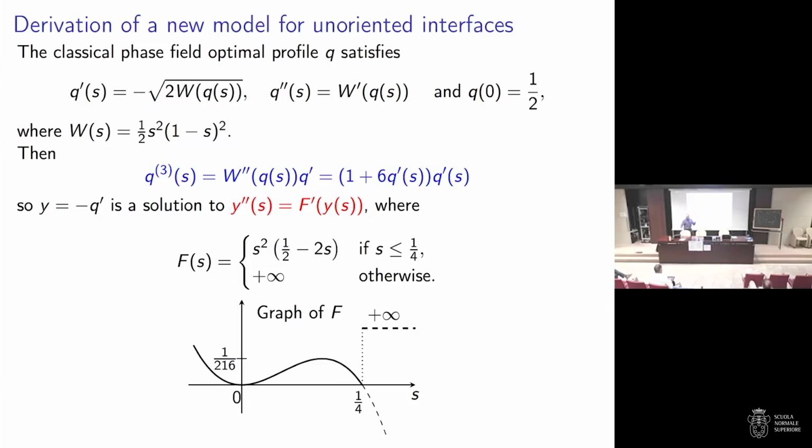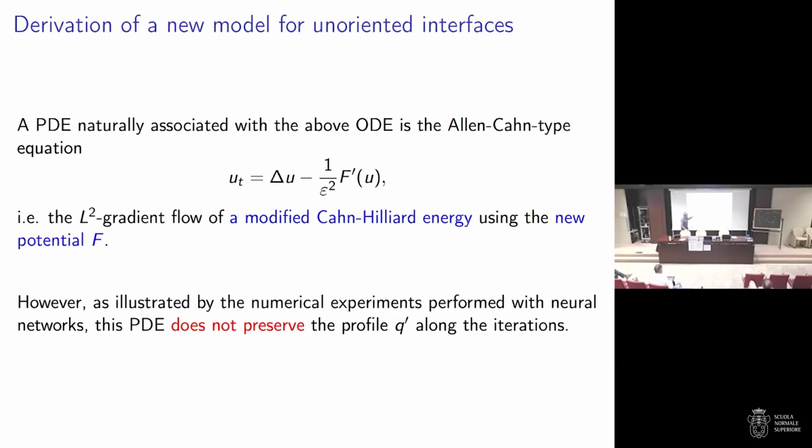Okay? So, of course, observing this, because minus Q prime is a solution to this second order equation, a natural PDE associated with it is actually the Allen-Cahn type equation, except that here, instead of W prime, you have this F prime, your new potential. Fine. But as we observed with the first order neural network, if you just use that as an approximation, it won't work because the diffuse interface disappears.